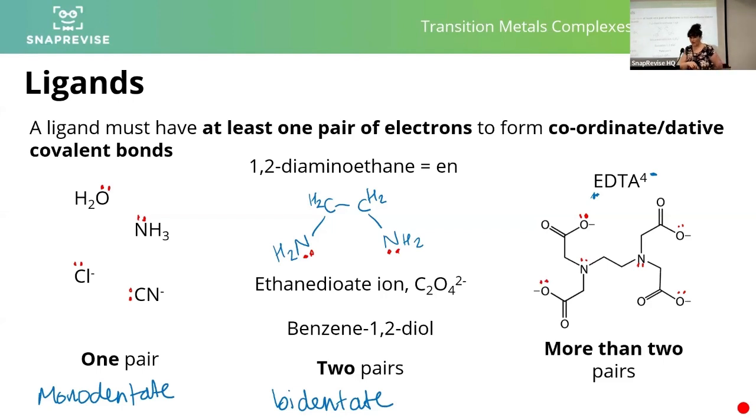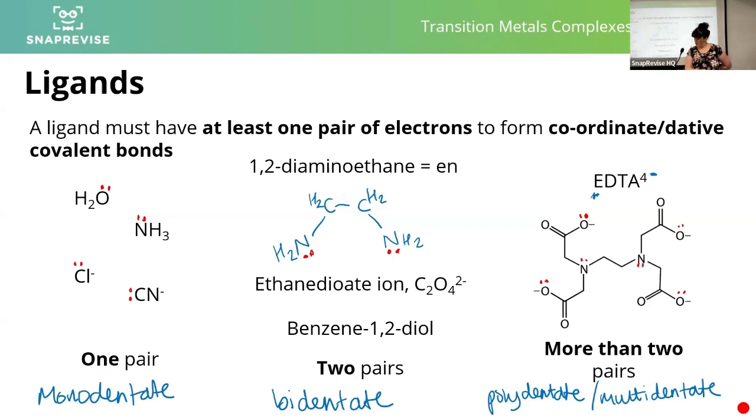And because there's more than 2 pairs, we can call this polydentate or multidentate. You will see it written as both, poly meaning many, like polymer, many monomers, or multi, as in multiple, multidentate. Polydentate or multidentate.